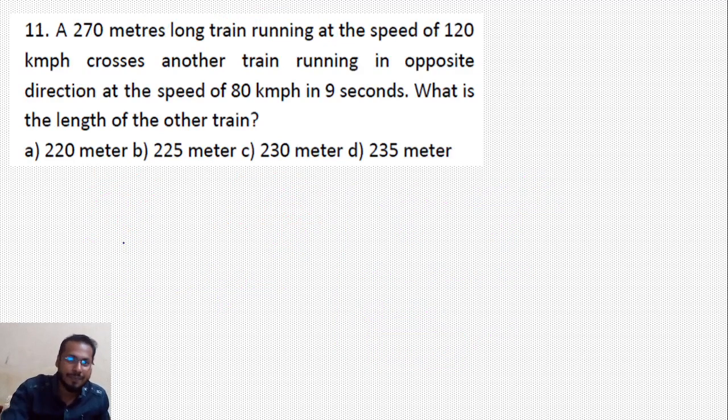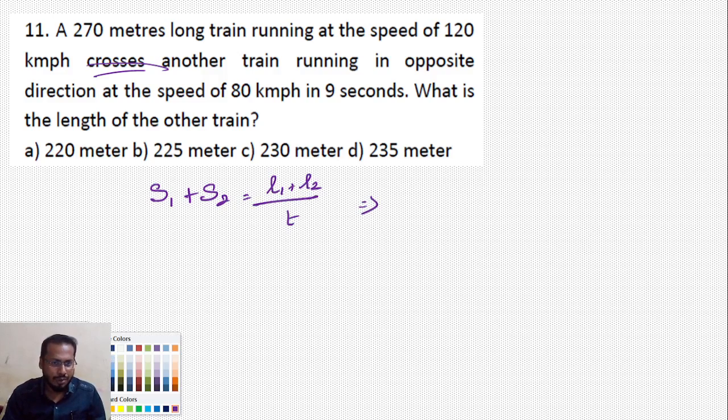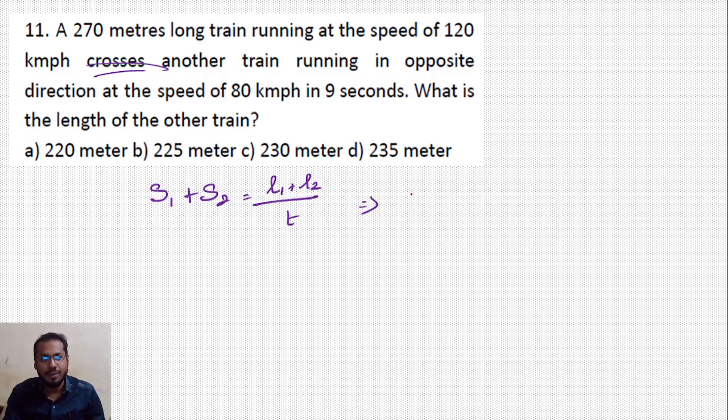Let's move to the next question. A 270-meter long train running at the speed of 120 km per hour passes another train. Both trains cross each other. So how to write this? S1 crosses another train, so S1 plus S2 is equal to L1 plus L2 over T. Just write down the numbers. Do it faster because now you got everything correct. S1 speed is given, 80 km per hour.